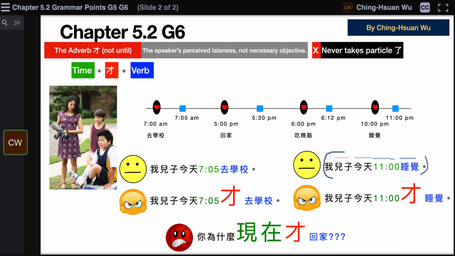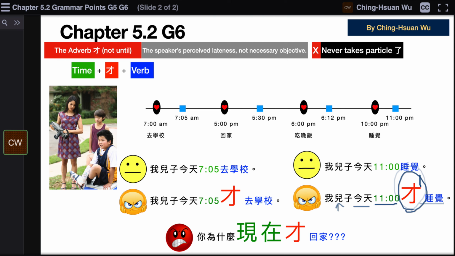There's no judgment in it. However, as an angry Taiwan mama, she could say, oh my God, 我儿子今天11点才睡觉。It means my son today didn't go to bed until 11 o'clock.